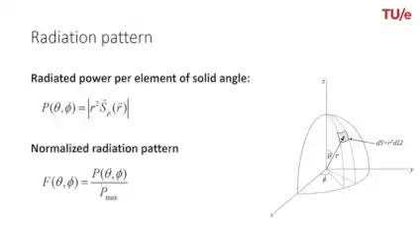Now, if we normalize this power density by its maximum value, we obtain the normalized radiation pattern, and this normalized radiation pattern is a visualization of the properties of an antenna. So you can make a very nice plot of it.